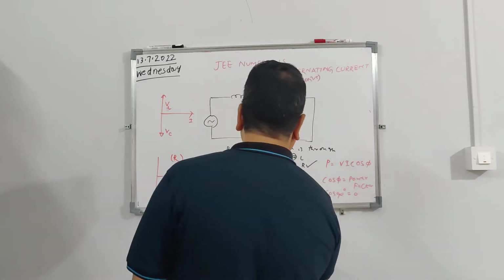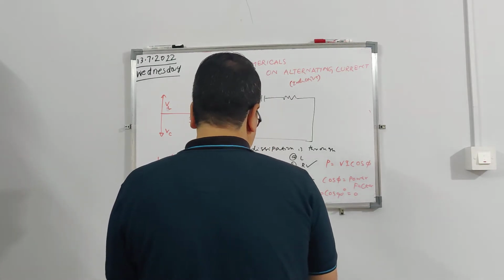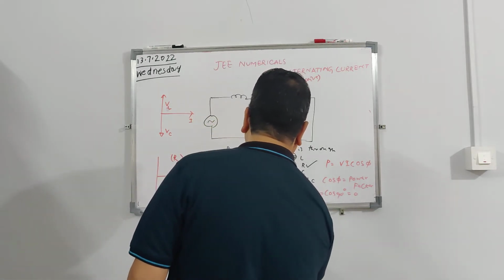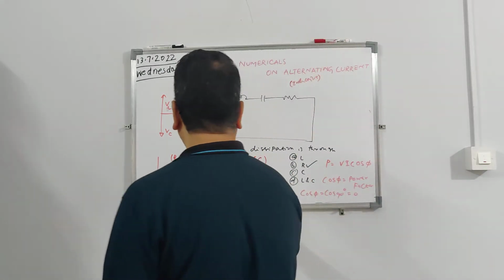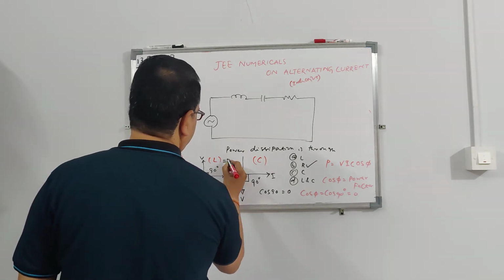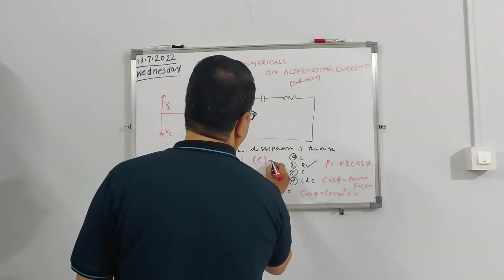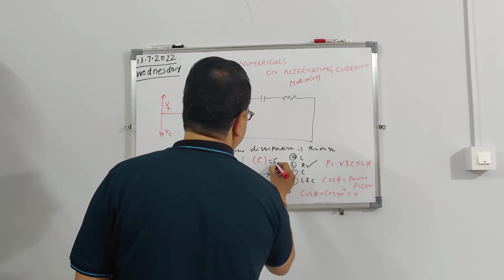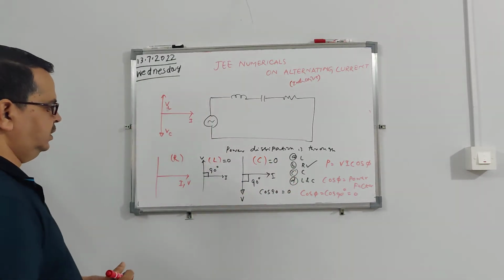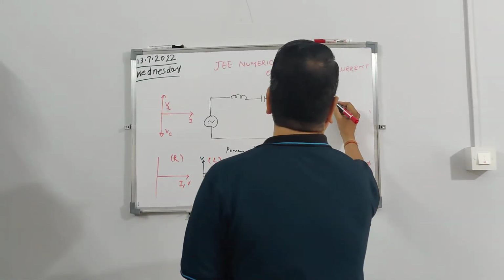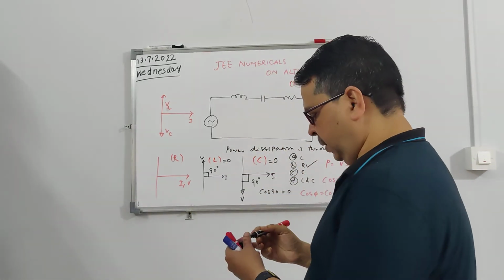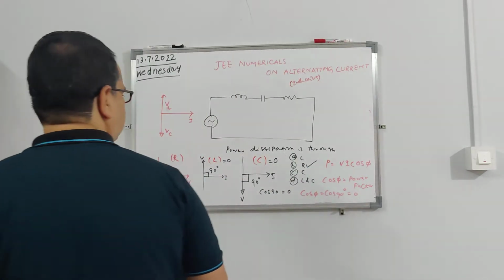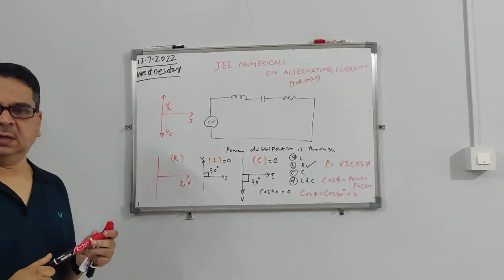Similarly, in case of inductor, again it will be cos 90, which is equal to 0. So the power dissipated through inductor is 0, and through capacitor is also 0, because cos 90 is equal to 0. Whereas resistor is in the same phase, so the power dissipated is only through resistor, not through inductor and or capacitor.